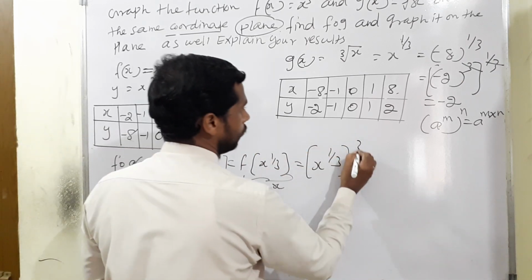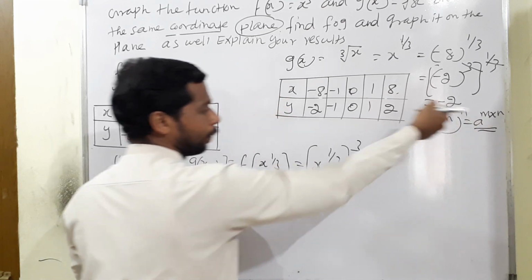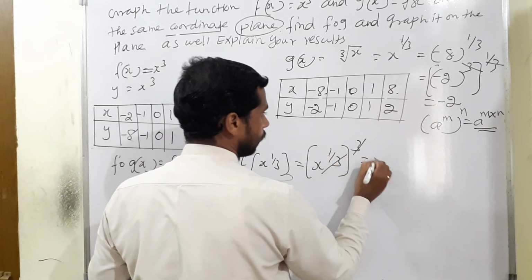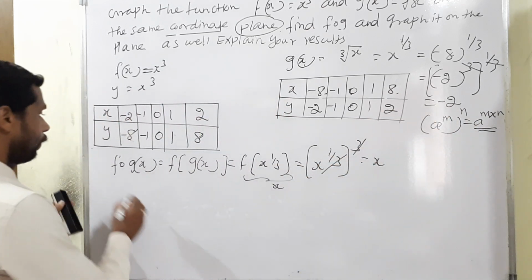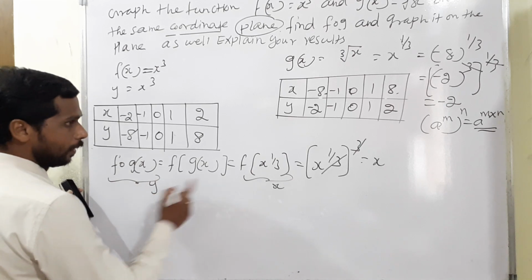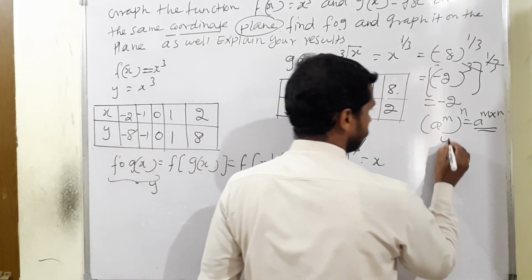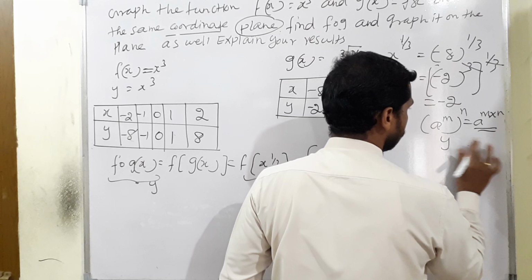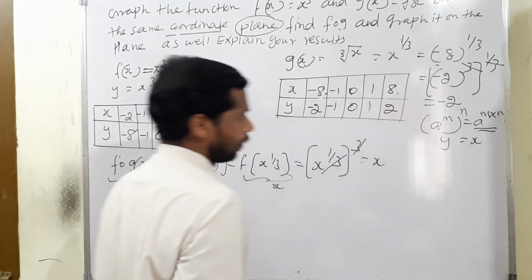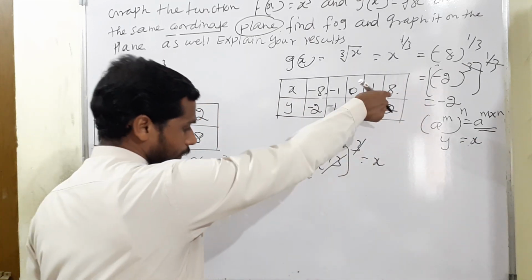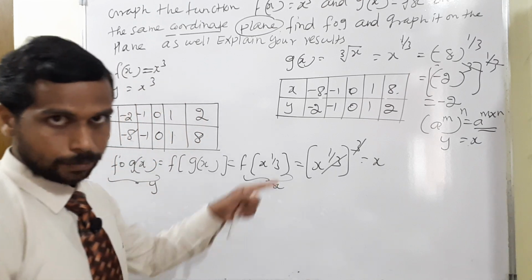Again the same formula, a to the power m into n: the 3 cancels, so this is x. Therefore, considering this whole term as y, y is equal to x. This is the symmetrical line. If you graph it, we will get the symmetrical line.